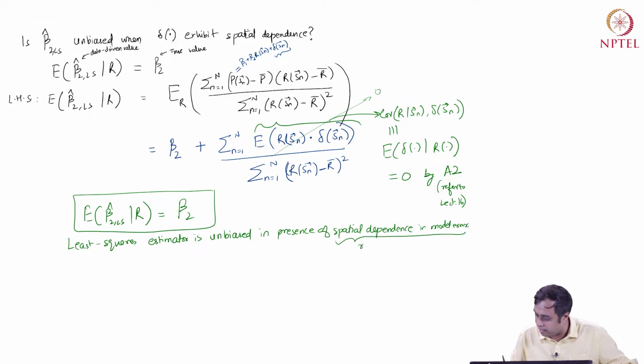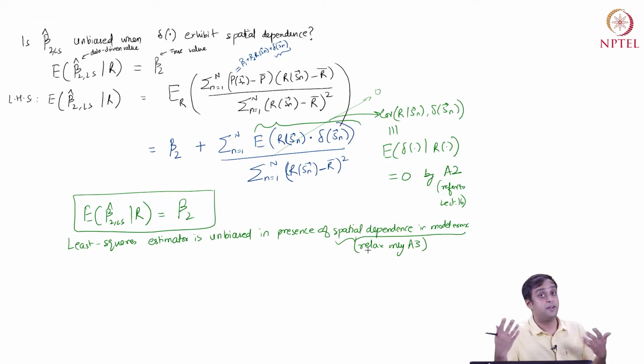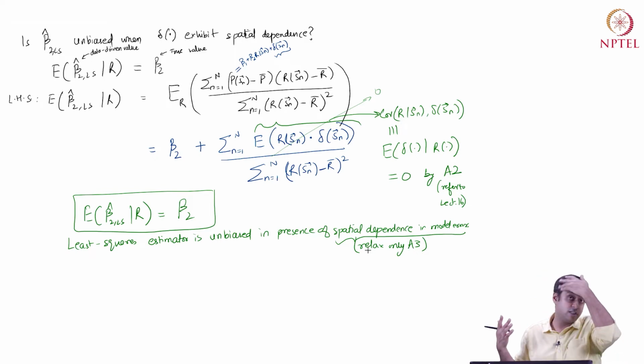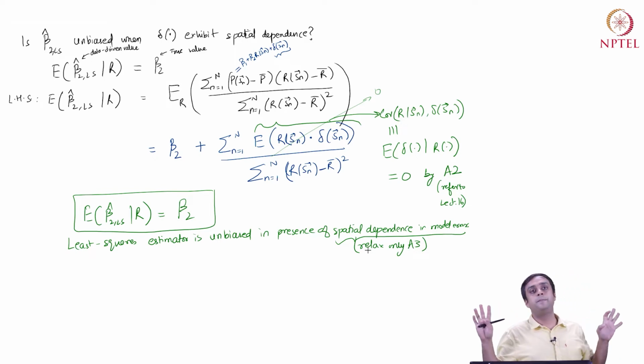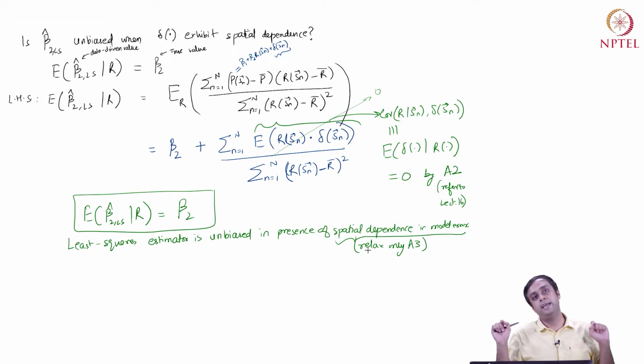Specifically, I am only relaxing A3, okay? We will see that it can have more complicated implications, but for now, so far as spatial dependence is concerned, we are only relaxing A3. So even when A3 is relaxed, beta hat 2 LS is unbiased. It is a good guess of the true beta 2 value.